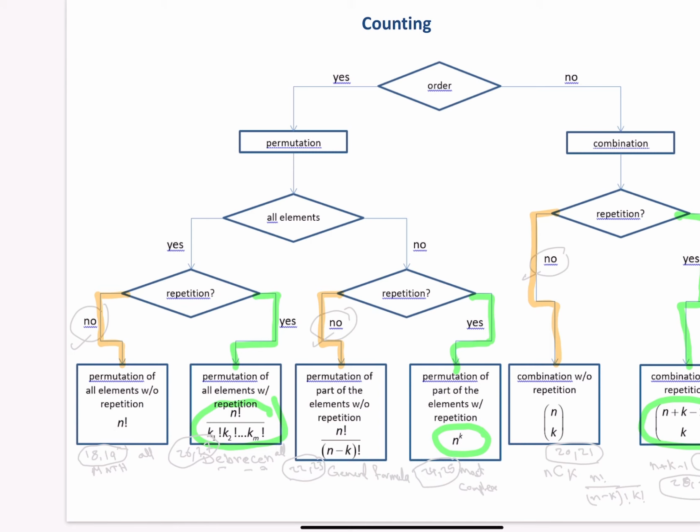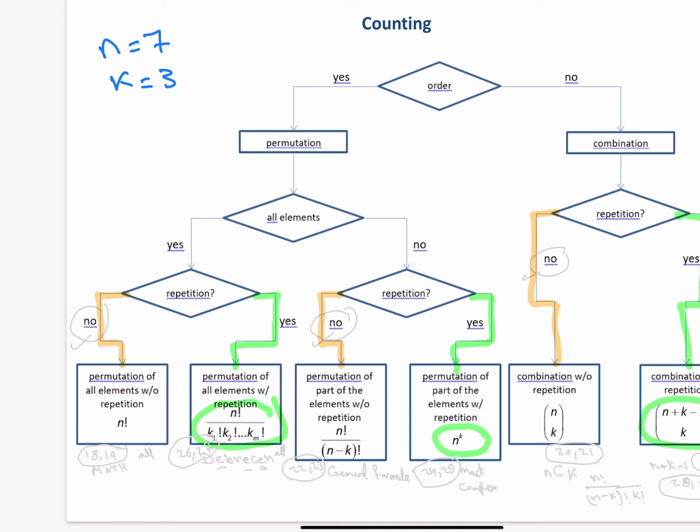We have also said that if I'm using parts of the given objects, not all of them, for example, I have 7 characters and I'm using only 3 out of them, then in this case n equals 7 and k equals 3.